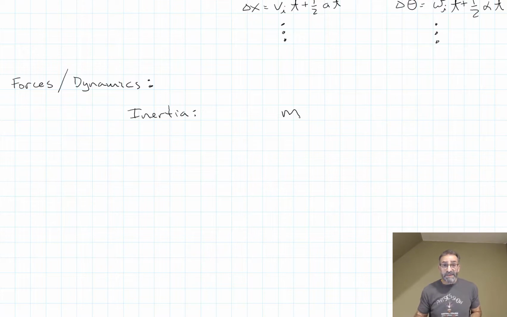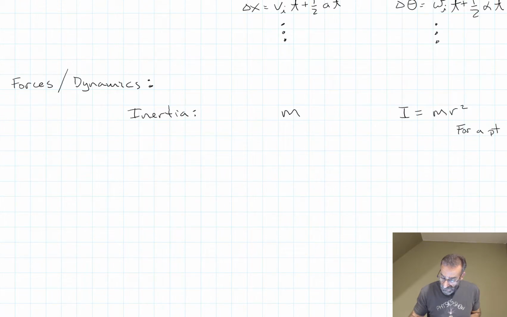So for the simplest case, just a point object moving in a circle, the rotational inertia, we use the capital I for that, is equal to m times r squared. The distance from the point mass to the axis of rotation would be r, and we square that. And this is for a point mass.